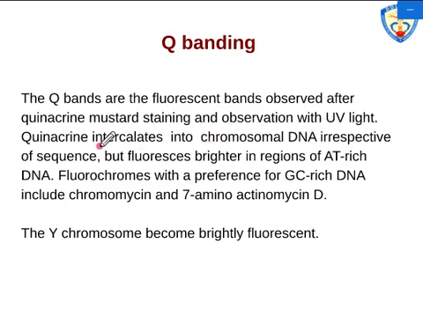Quinacrine intercalates into chromosomal DNA irrespective of the sequence, but it fluoresces brighter in the regions of AT-rich DNA. Fluorochromes which have a preference for GC-rich DNA are, for example, chromomycin and 7-amino-actinomycin D. The Y chromosome by this method becomes brightly fluorescent.